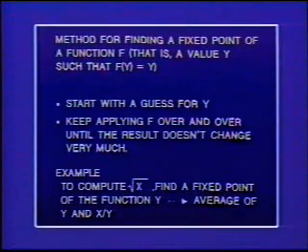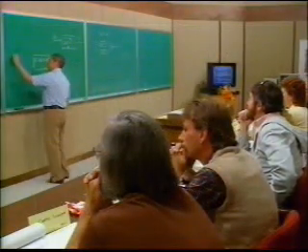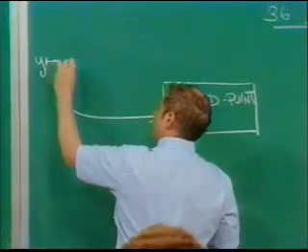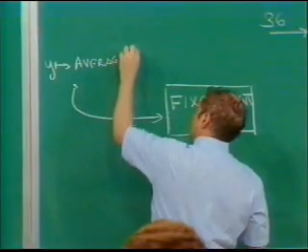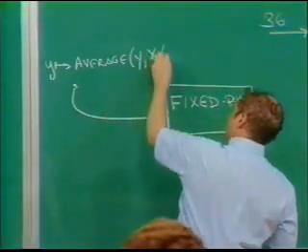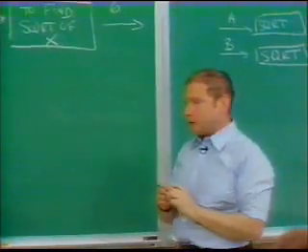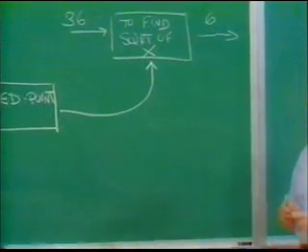What would that look like? That would say this fixed point box is such that if I input to it the function that takes y to the average of y and x over y, then what should come out of that fixed point box is a method for finding square roots.